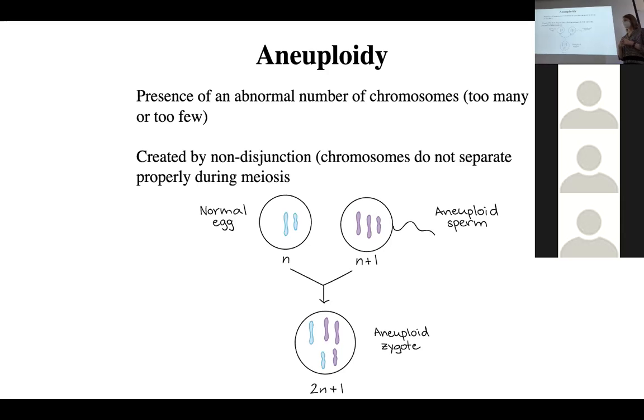This happens, as I said before, when there's non-disjunction. So during meiosis, you have all of these separations, right? You have the homologous chromosomes together, they'll separate, and then you have the sister chromatids in meiosis 2 separating. So at some point, one of those separations doesn't happen correctly, and the number of chromosomes or chromatids isn't split in half evenly into each eventual cell.